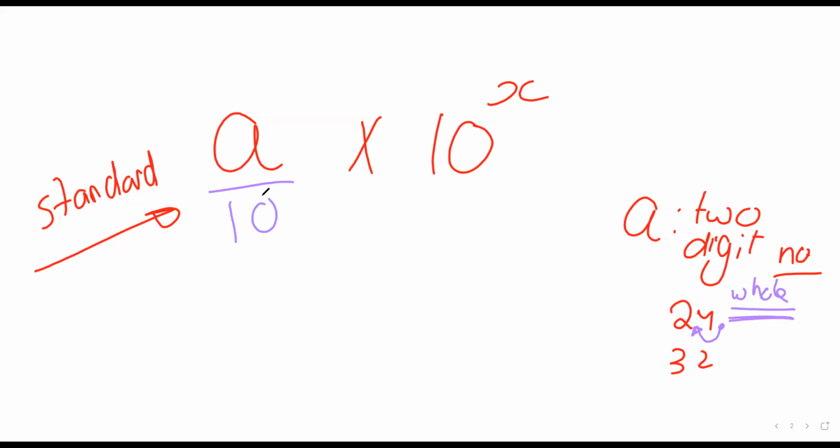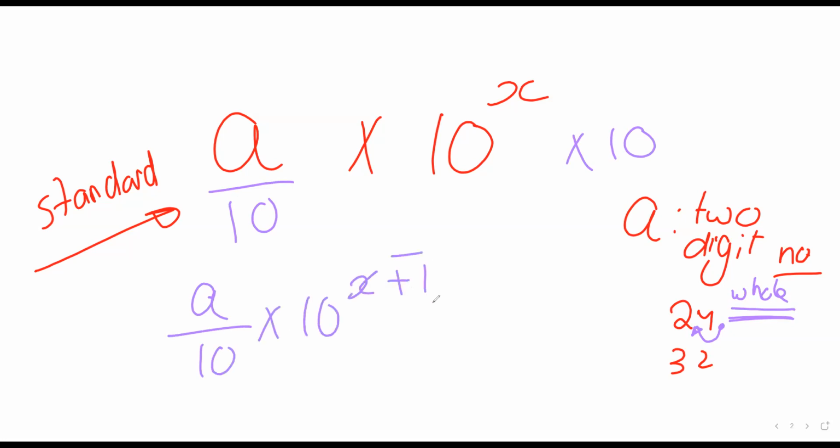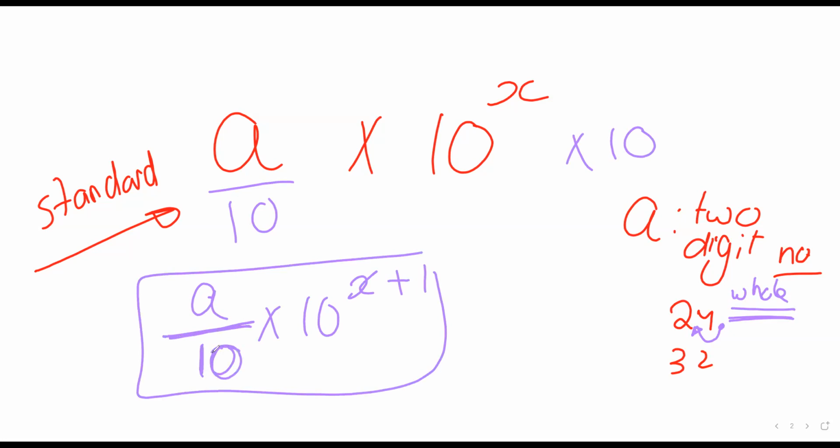Balancing the number means I will multiply by 10. So what will my answer be? A over 10 times 10 to the power of x plus 1. I want you to catch the divide by 10 part. If the question comes algebraical, something like this came in the exams, but I don't remember exactly in which exam.